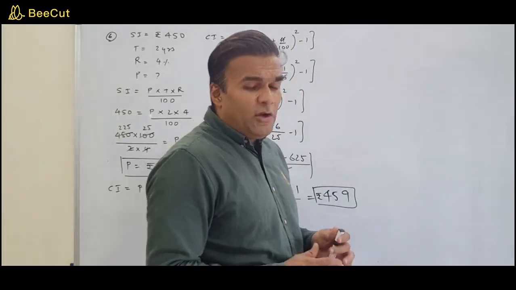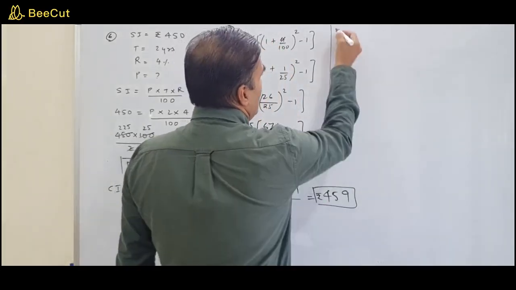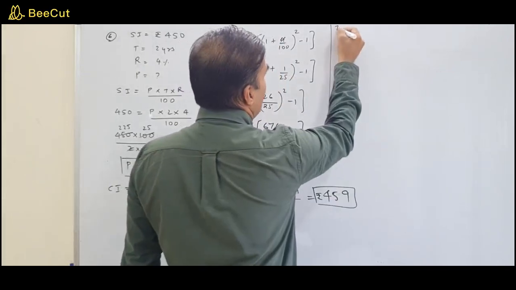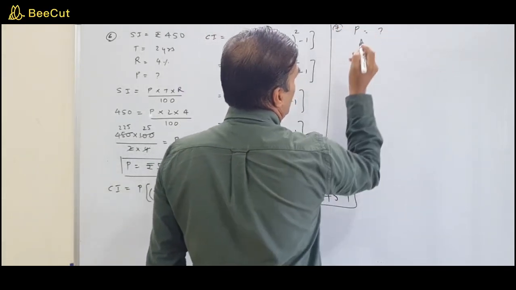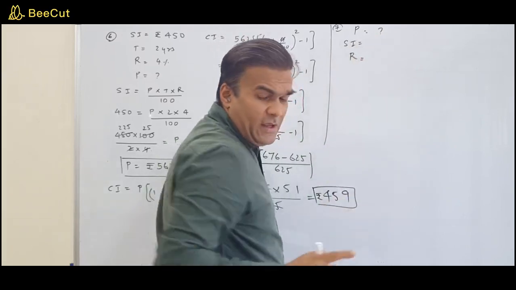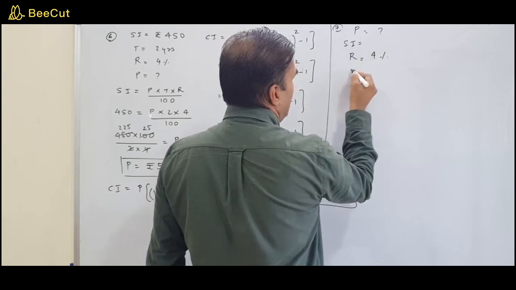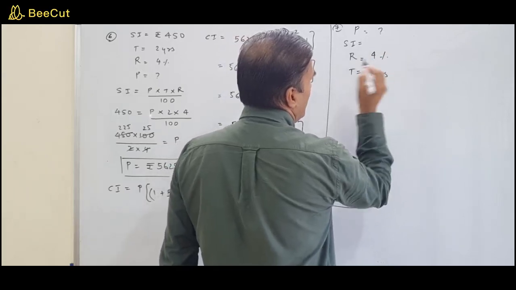Now what they meant to say is, we are unaware about what is the sum. So principal not known, simple interest not known. What about the rate? They are saying that the rate is 4%, time is 4 years.